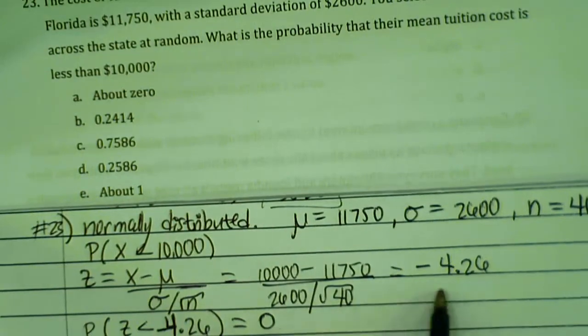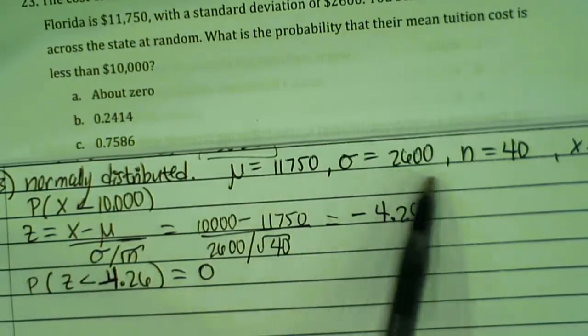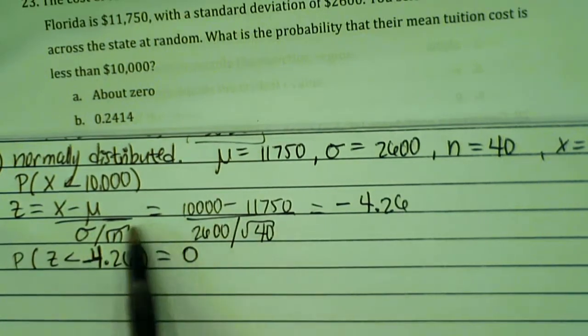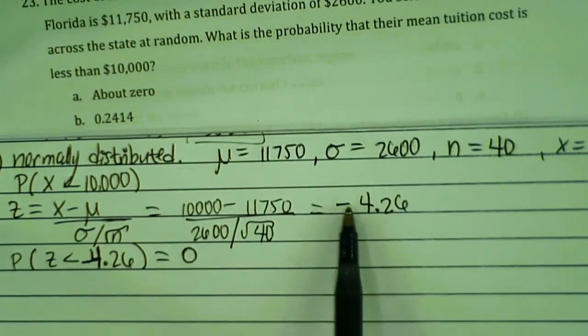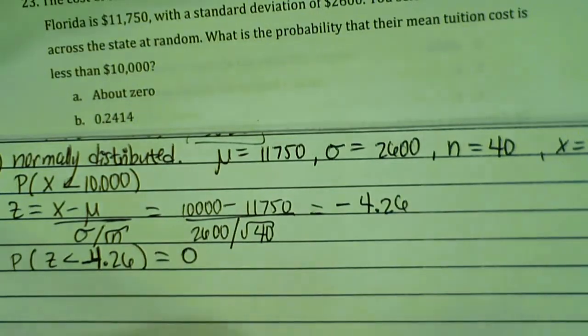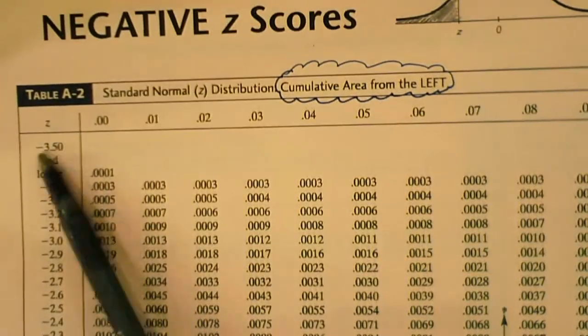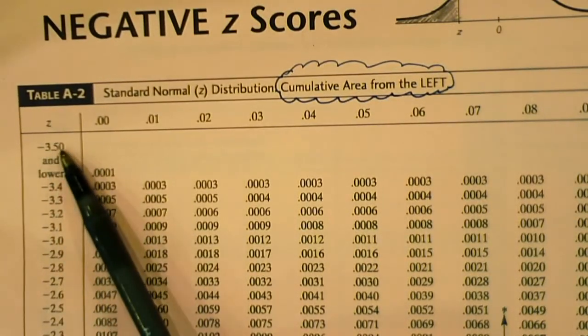Okay, so based on the numbers that were given, we find the z-score. We plug it into that formula, and we get a z-score of negative 4.26. When we try to look at the probability for that z-score on here, we see that the most negative value on this table is negative 3.5.